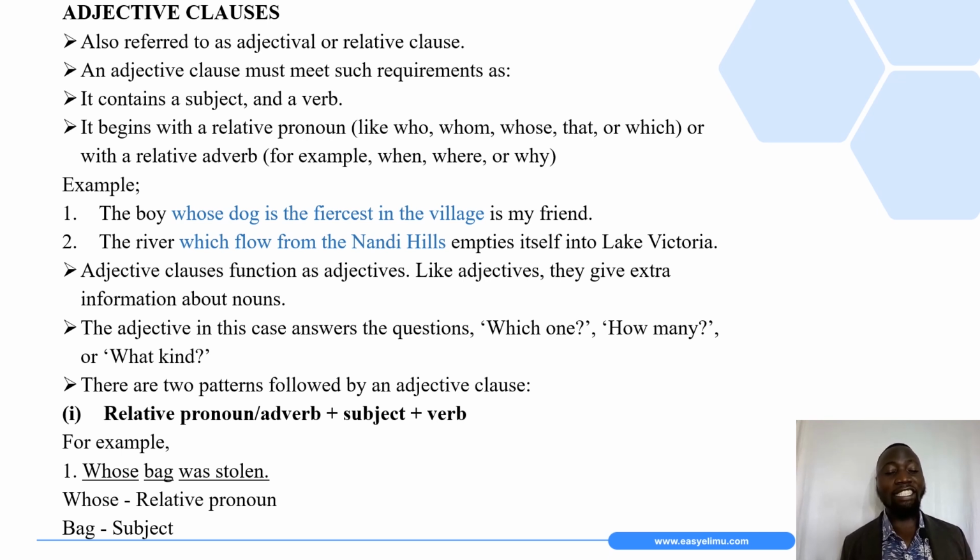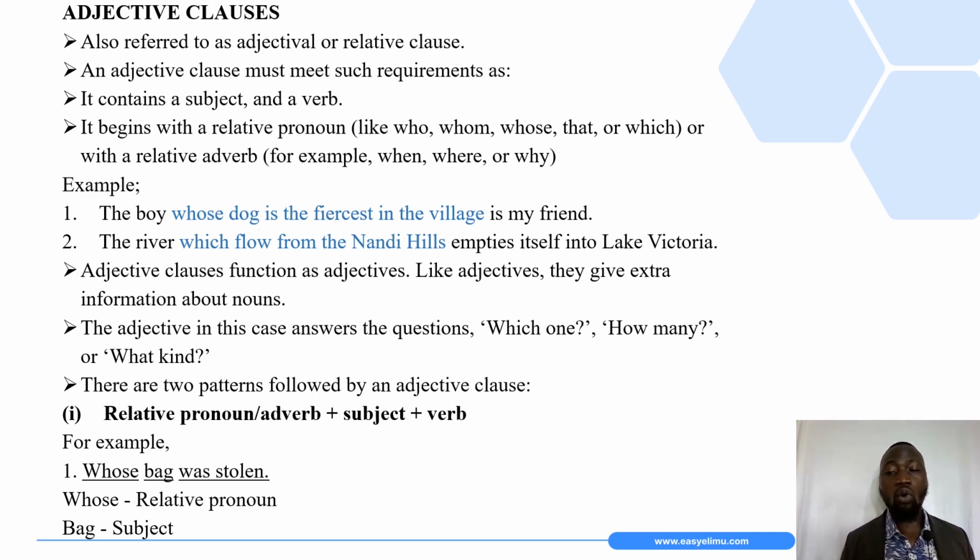We have an example in a sentence: whose bag was stolen? If we divide the words, whose is the relative pronoun, then it has been added to the subject, the bag, and lastly, our verb in that example is was stolen.